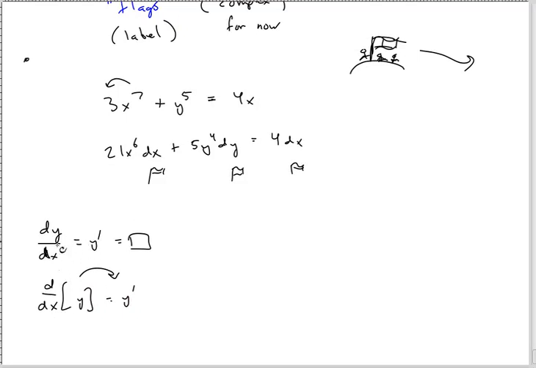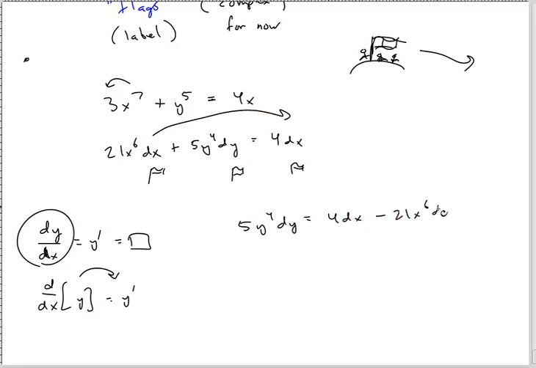So my goal here is getting the dy over dx. What I want to do is get all my dx's to one side and my dy's on the other side. And so we would have 4 dx minus 21x to the 6 dx. I'm going to factor that dx out.